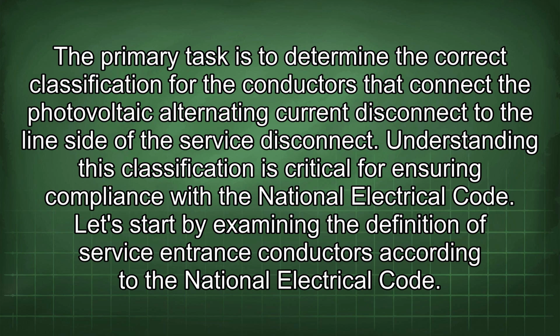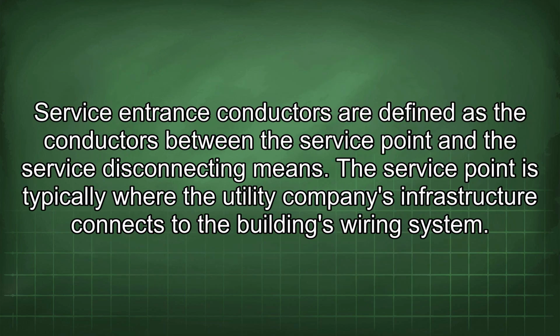Let's start by examining the definition of service entrance conductors according to the National Electrical Code. Service entrance conductors are defined as the conductors between the service point and the service disconnecting means. The service point is typically where the utility company's infrastructure connects to the building's wiring system.